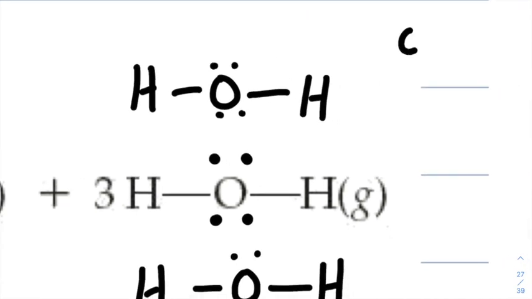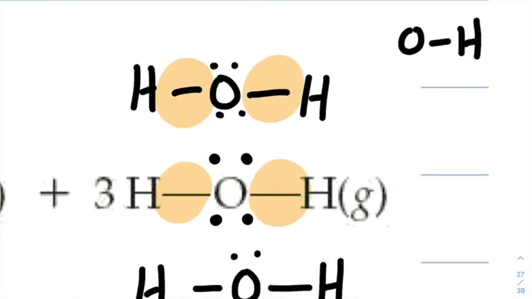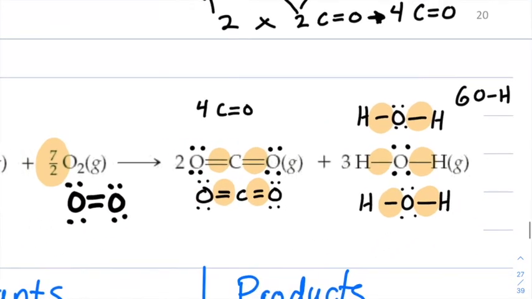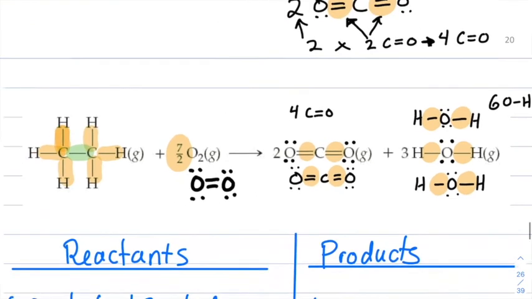I will write them as OH, but if you prefer, HO works perfectly well. To count these up, 1, 2, 3, 4, 5, and 6. So we have a total of 6 oxygen-hydrogen bonds. But of course, we can use our multiplication method. And in practice, most students prefer the multiplication method. So let's take a look at that.